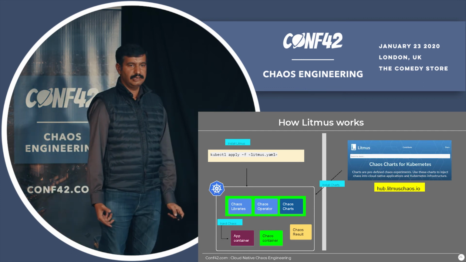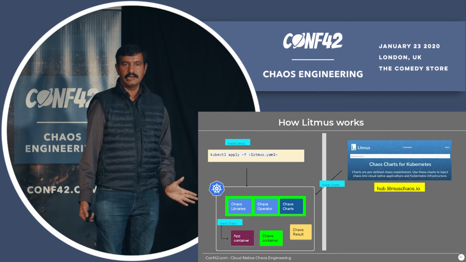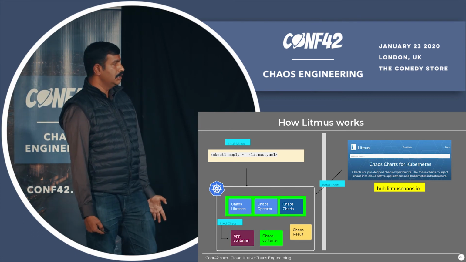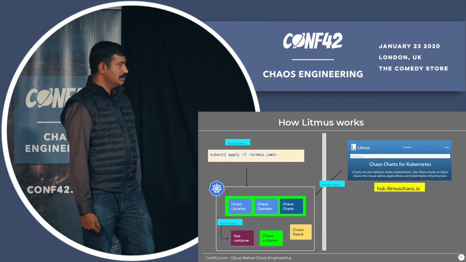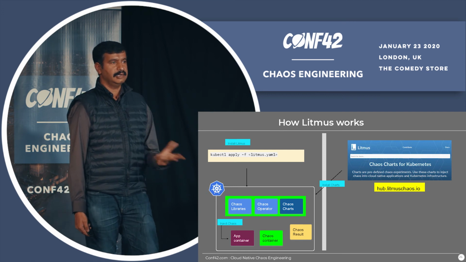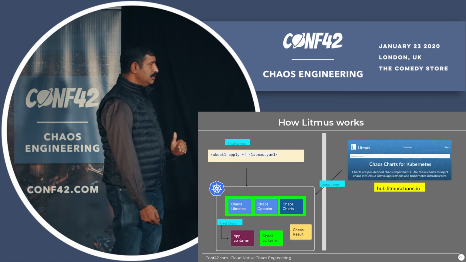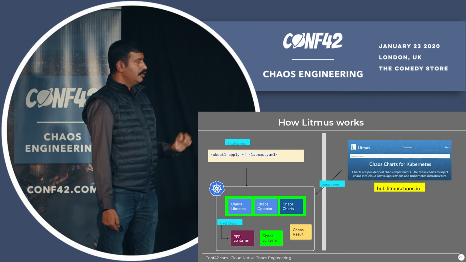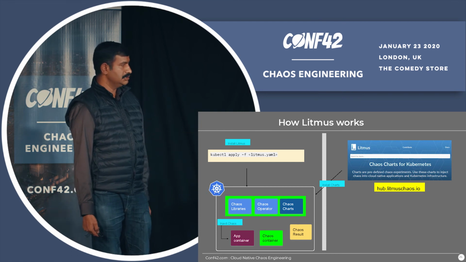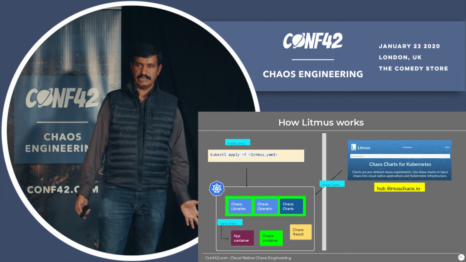The assumption is that you have so many charts and may not need all of them, so you pull whatever you need onto your cluster, and then you inject chaos by creating a CR, the chaos engine, which points to various different experiments. The operator then goes and runs chaos against a given application, and it creates a chaos result. It's as simple as that.